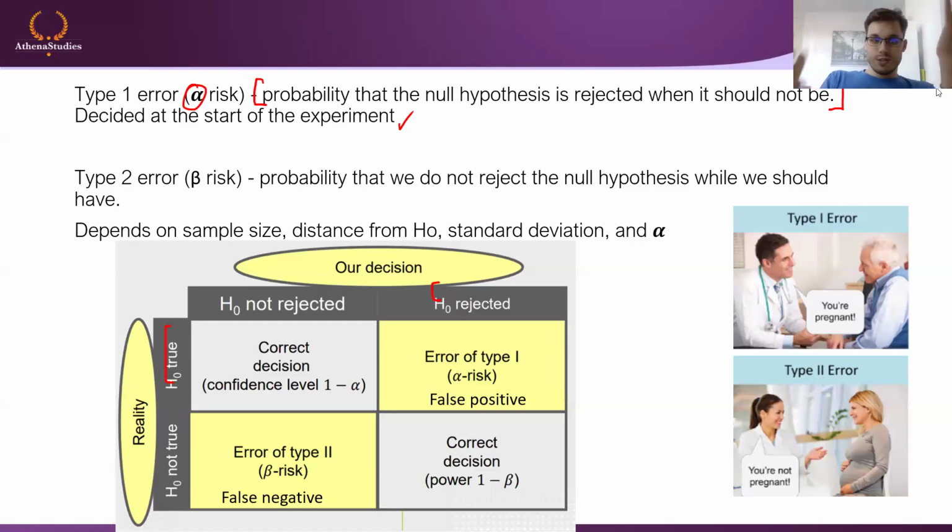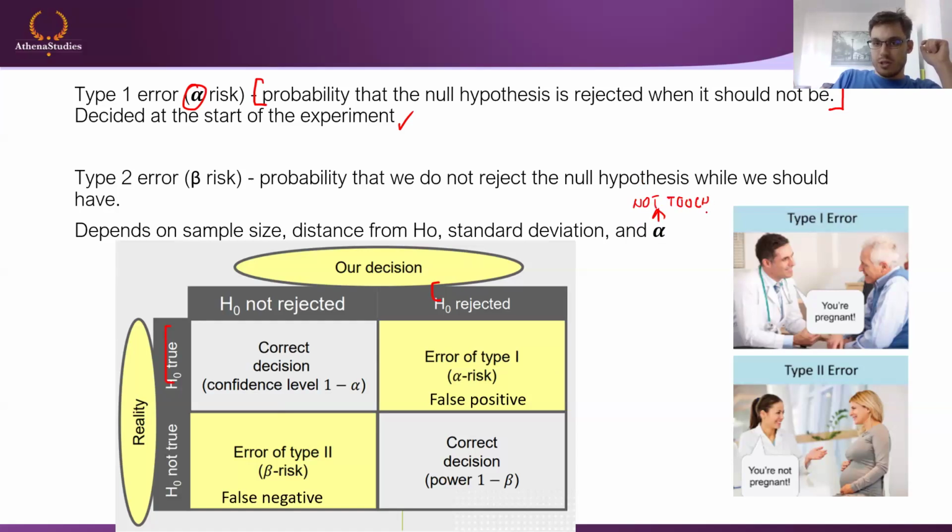So two different situations. Now, type 1 error is preset. Type 2 error, on the other hand, you cannot really touch. It's a bit more tricky. Type 2 error depends on sample size, distance from the null hypothesis, and also alpha and standard deviation. Alpha is given to you by your scientific field, so you can't touch it.